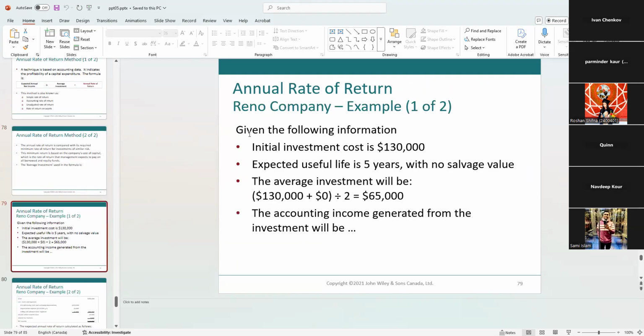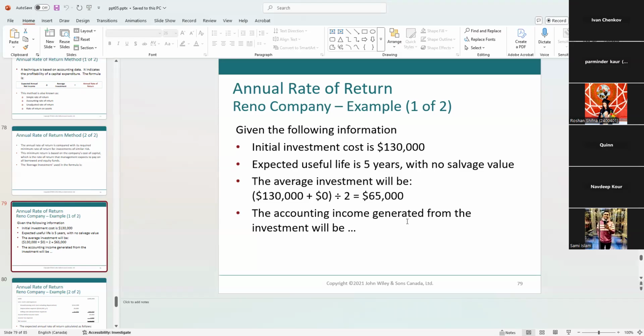And in this case, we're going to have the initial cost. We're going to have the expected life of 5 years. And the average investment will be 65. Why? Because we have the beginning 130, nothing at the end, divided by 2 is the average investment.